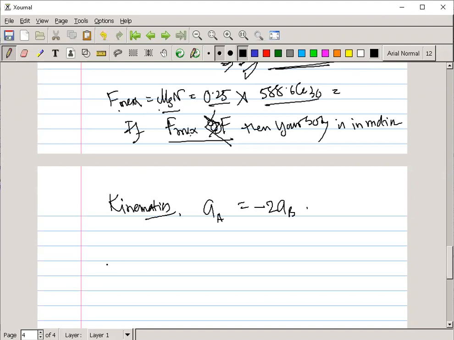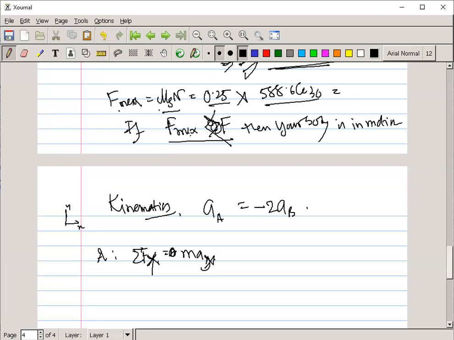Okay, so we can write for body A, summation of Fy is equal to m of Ay, or for body A it is x, for body B it is y, because this is your xy.